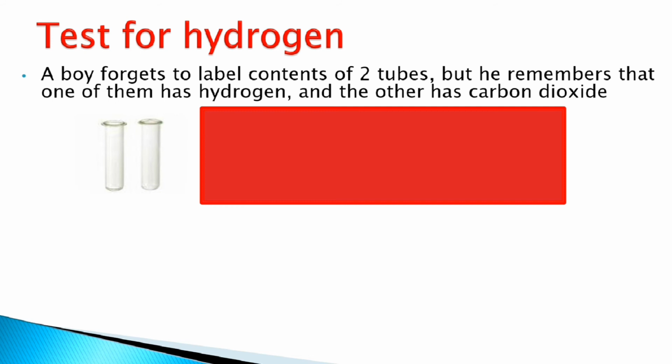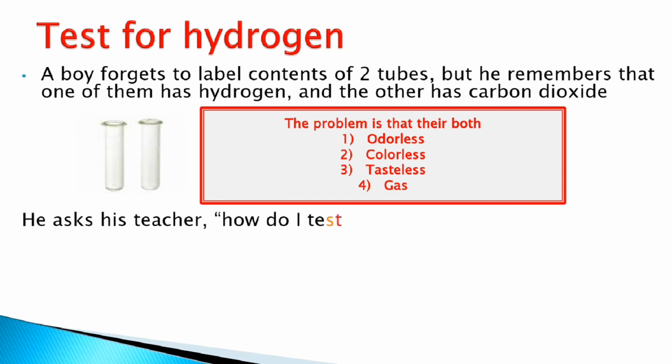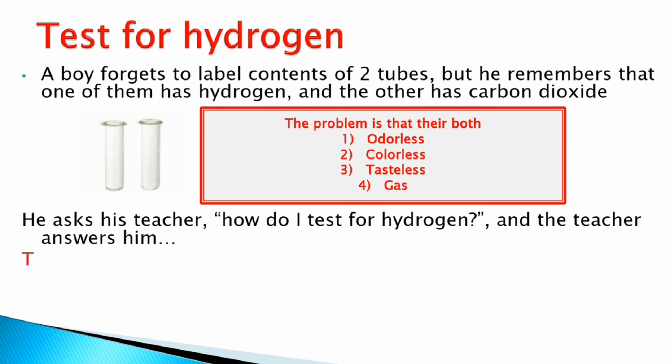Now the problem is that both are odorless, colorless, tasteless gases. So he asked the teacher, how do I test for hydrogen? And the teacher answered him, please do the test of exploding the gas with a lighted splint in the presence of oxygen. In the presence of oxygen, it will explode. You have seen this in the properties of hydrogen.